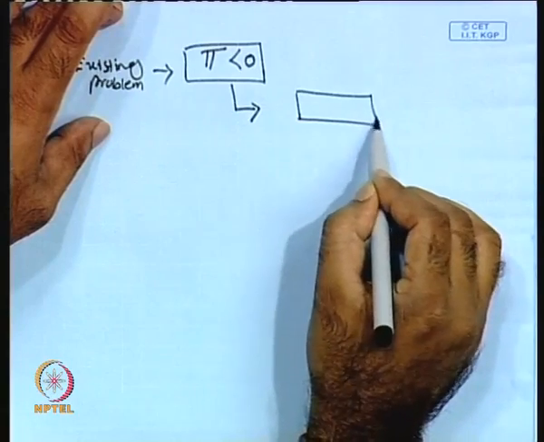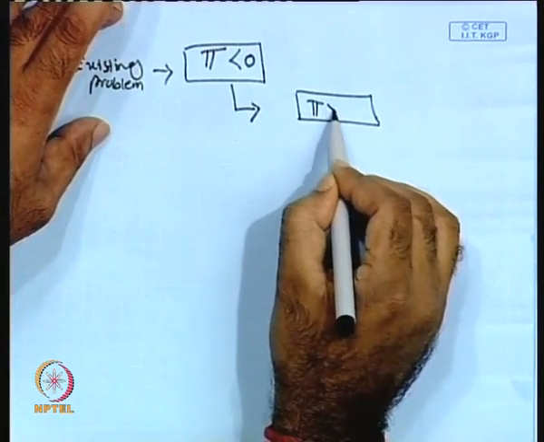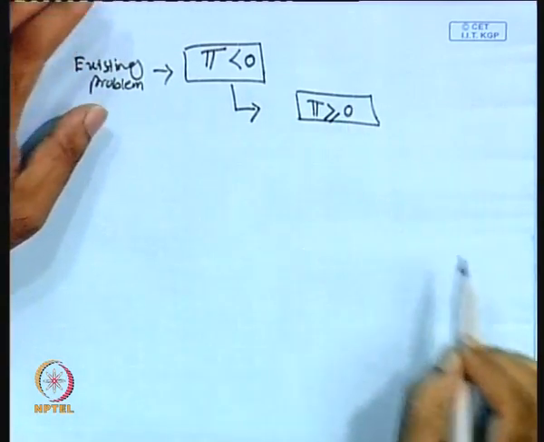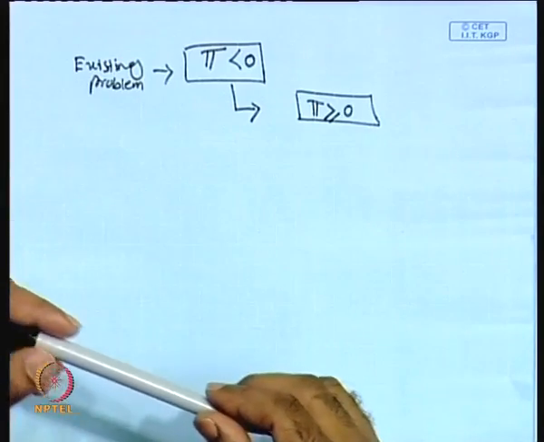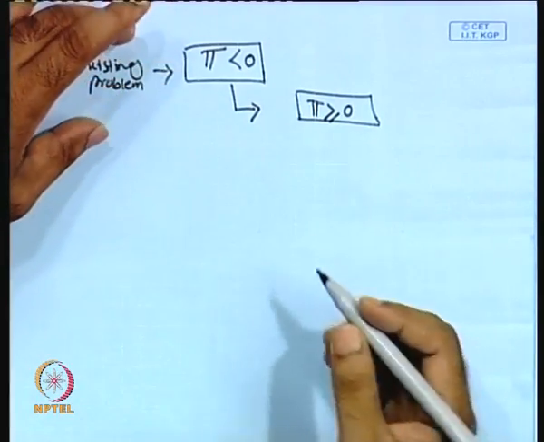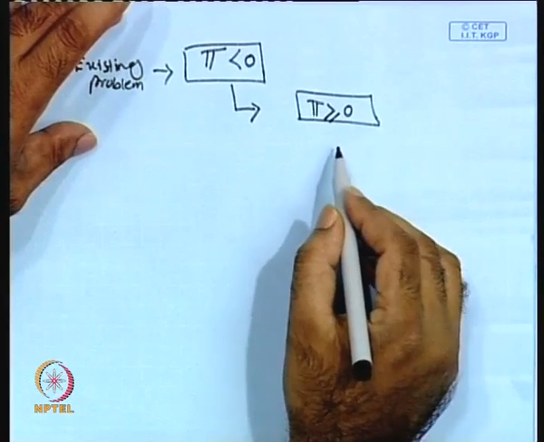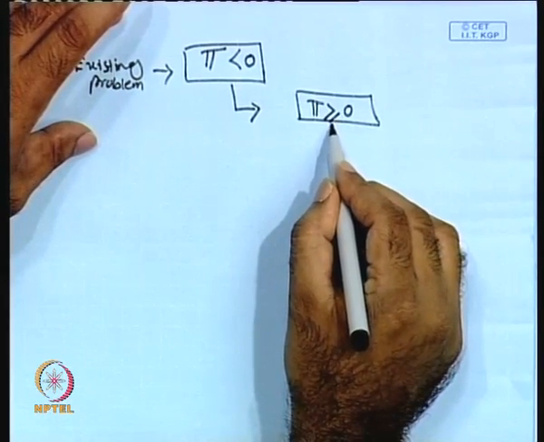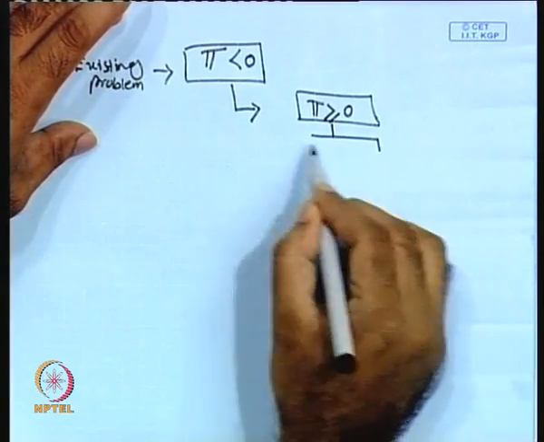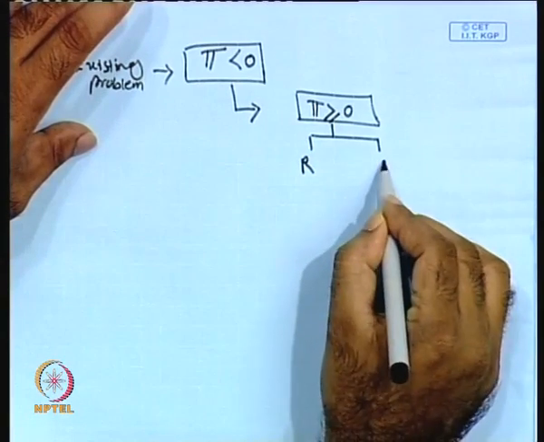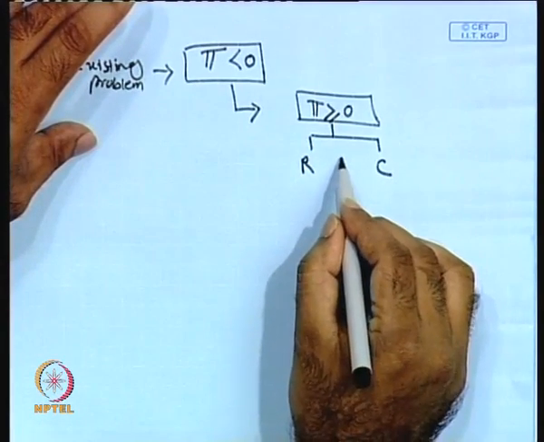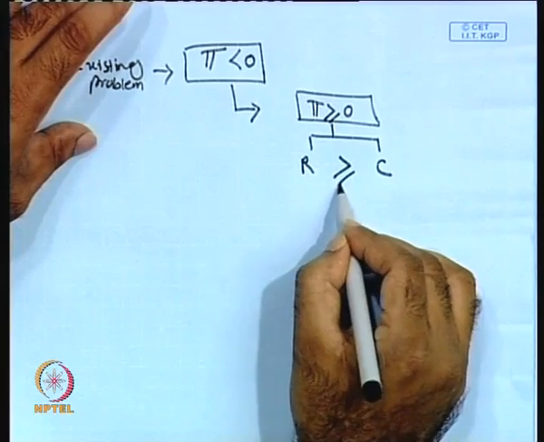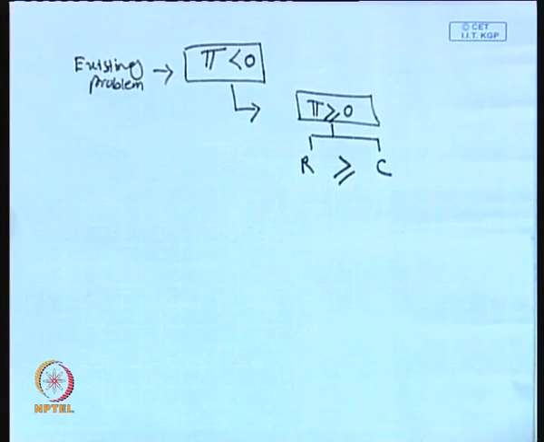That means we need to transfer it so that phi should be greater than or equal to 0. Phi greater than 0 means we must have revenue and cost, so the transformation rule should be R greater than or equal to C.